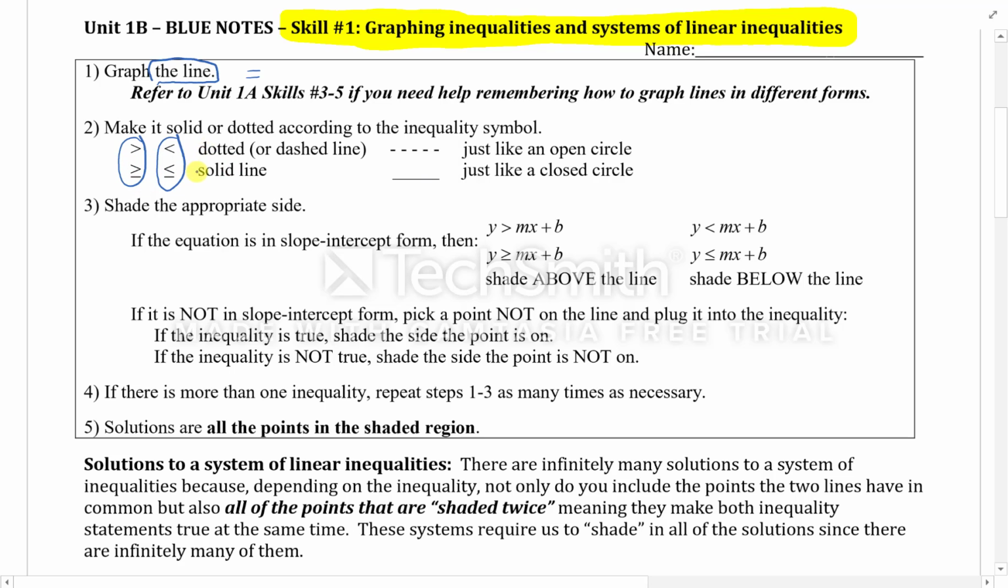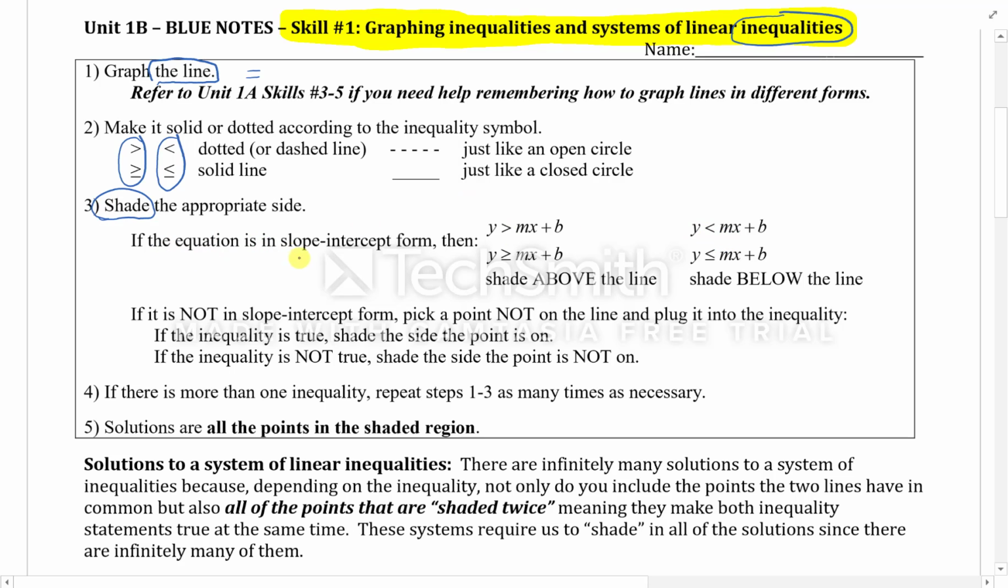But after you have dotted in your line or graphed your line, you then need to decide where to shade. And I'll talk a little bit in a moment about why we shade. But basically, linear inequalities have infinitely many solutions because the solutions are not just where y equals mx plus b, but they are also where y is greater than or less than mx plus b.